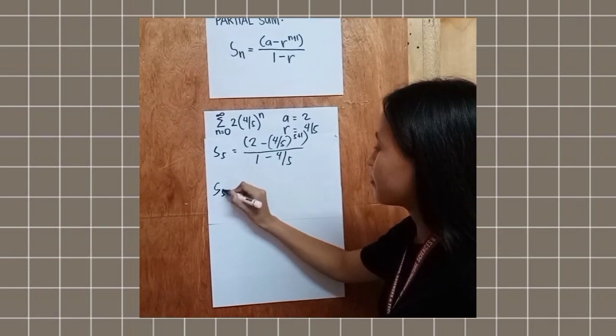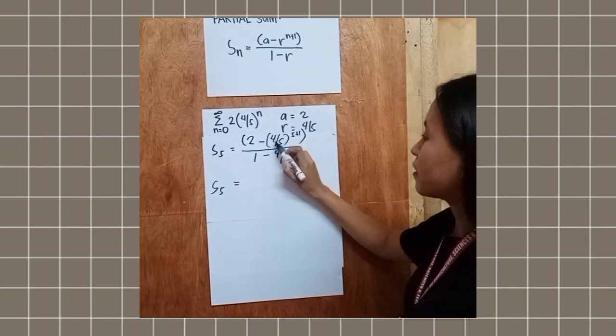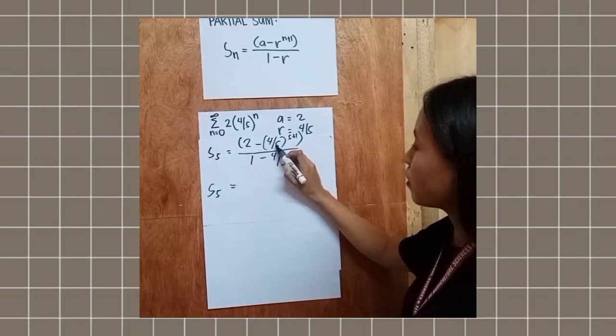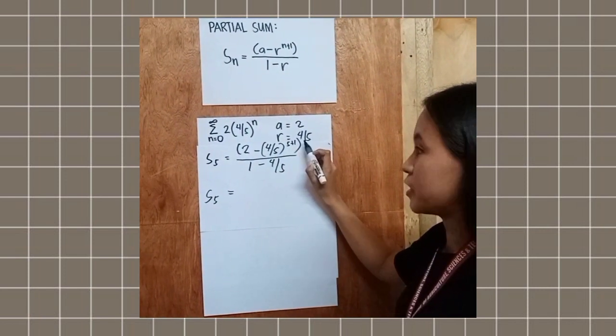So S sub 5 is equal to 2 times 1 minus the quantity 4 over 5 raised to the power of 5 plus 1, which is 6.